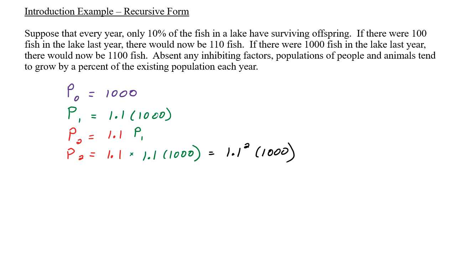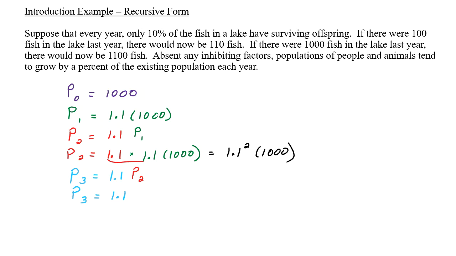All right, let's do a different color here for P3. How about aqua? So for P3, how do we do that? Well, we take 1.1 times P2. Okay, so how do we find P2? Let me do P2 in red. I'm not going to write the number. I know we could figure out what the number is, but the object here is to see a pattern.